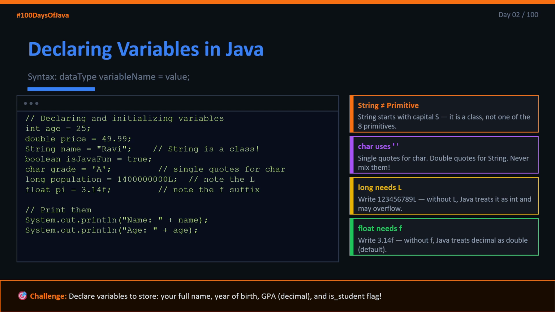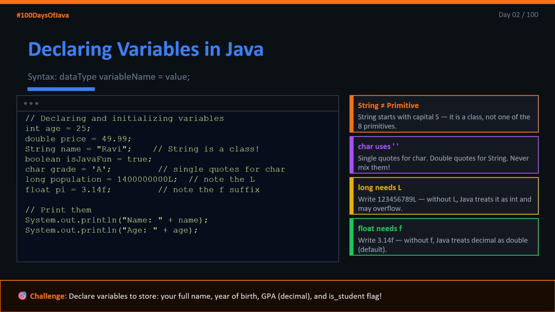A few important rules to remember. String must have a capital letter because it's a class, not a primitive. Character always uses single quotes. Here, grade in single quotes, never double quotes.